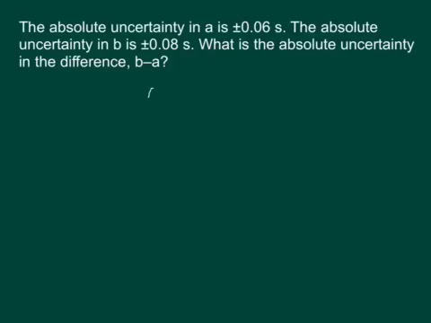In other words, the absolute uncertainty in the difference is equal to the absolute uncertainty in B plus the absolute uncertainty in A. So clearly this right here on the left side is just a variable. You could call it x if you wanted.